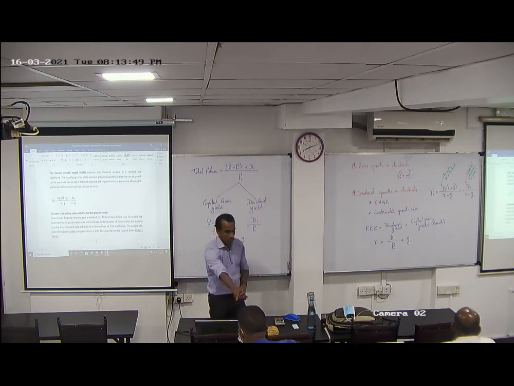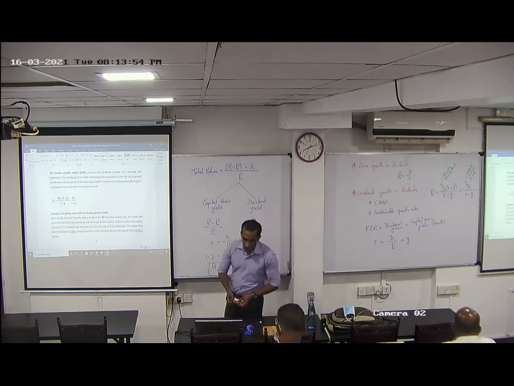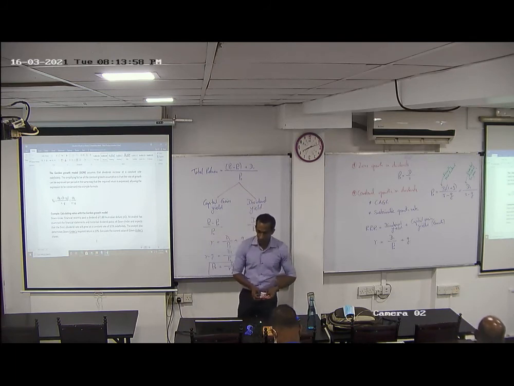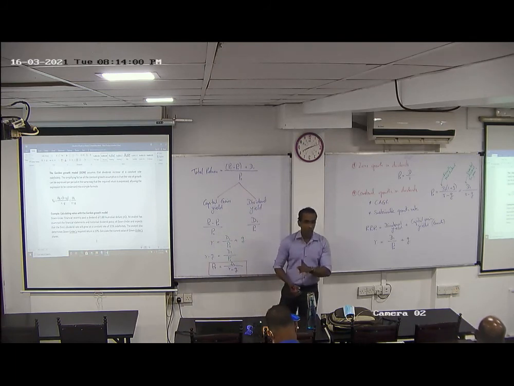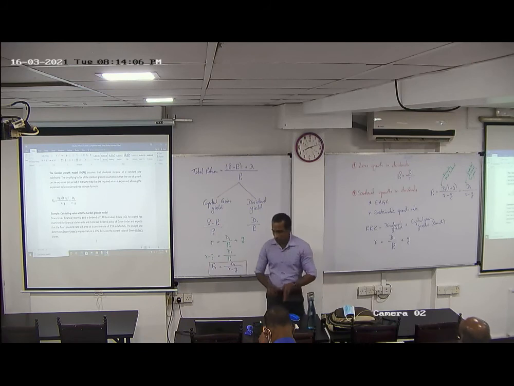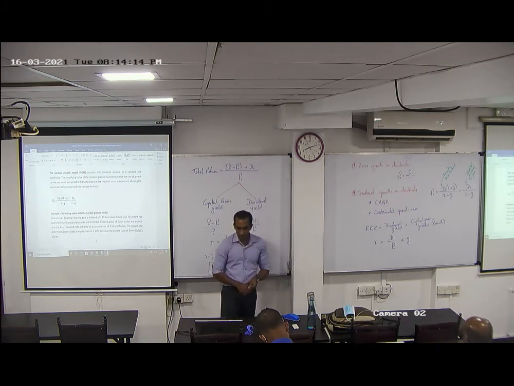Okay, so let's do this calculation, this example. Down Under Financial recently paid a dividend of 180 Australian dollars. 180 means it's D0 or D1? D0, right? Paid. So that's easy to understand, whether this is D0 or D1: paid dividend, that is D0.